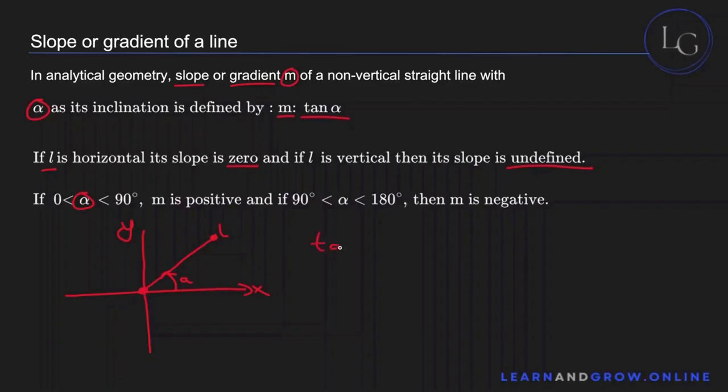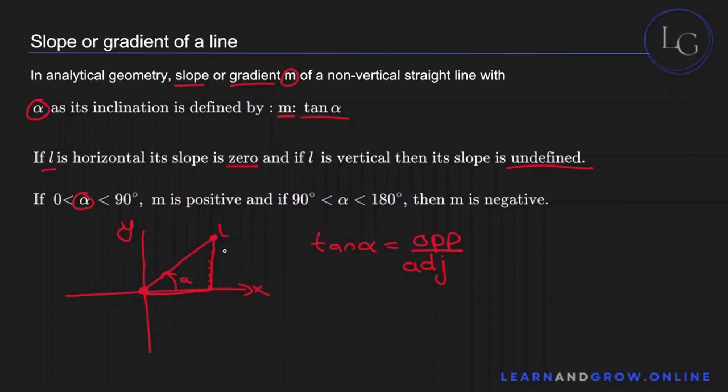Because tan alpha is basically the opposite side of a triangle over the adjacent, right? So if you look at this as a triangle, you have this side, you have this side, and you have the line L as the hypotenuse.